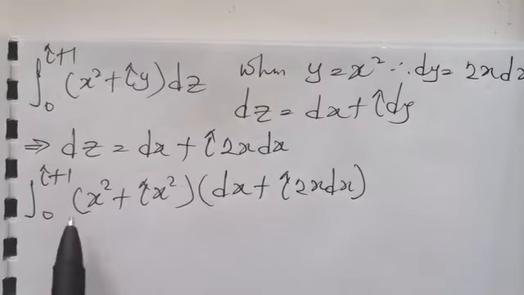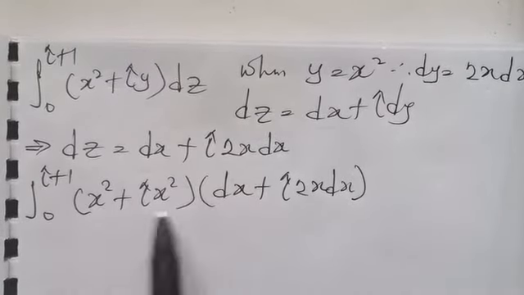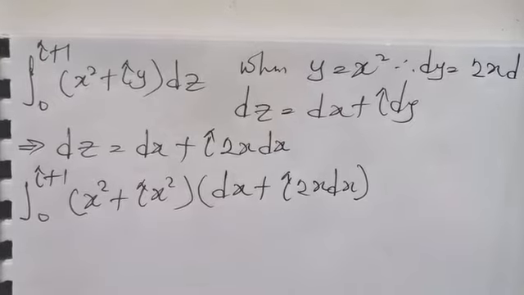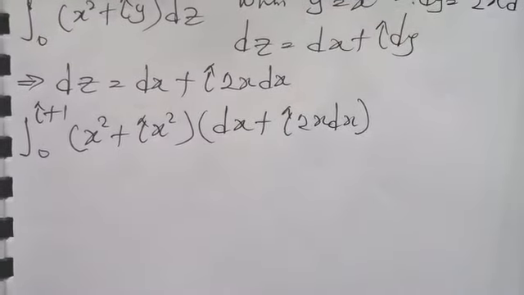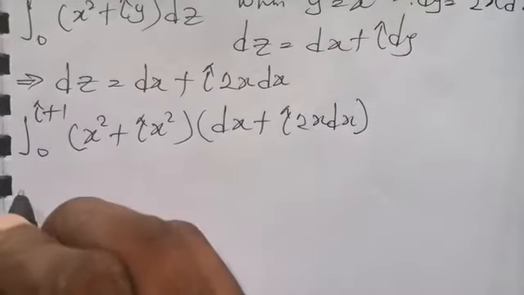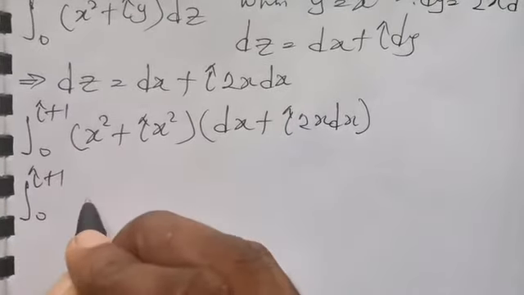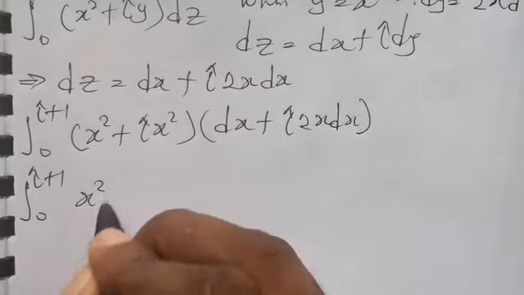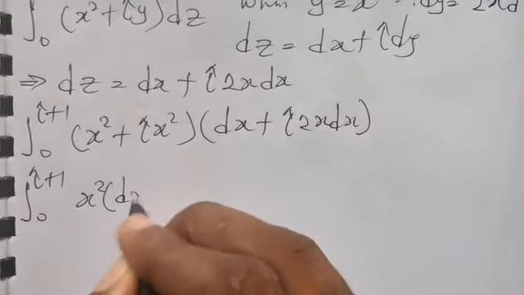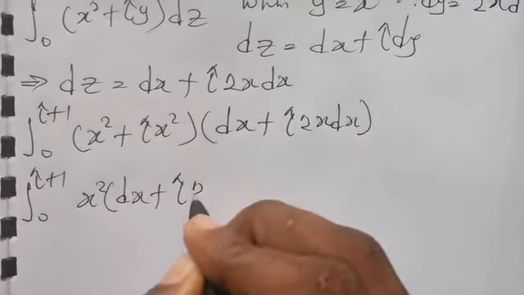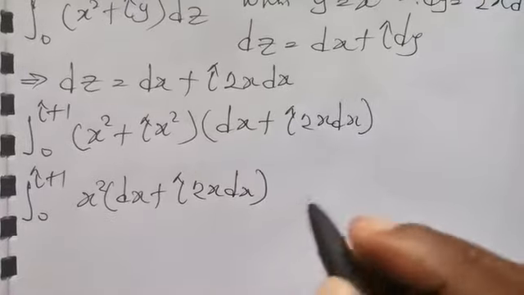Now I'm going to be expanding each of the brackets using everything I have here. So this is now the integral from 0 to i plus 1. I will use x squared to expand this bracket: x squared times dx plus i 2x dx.